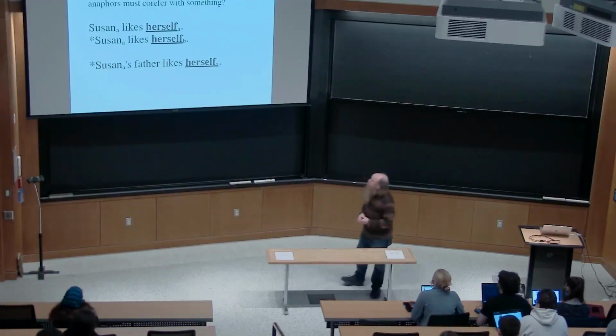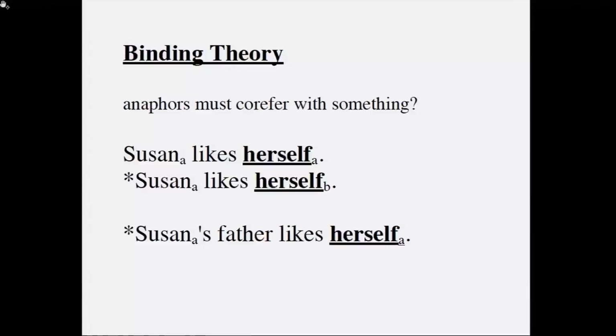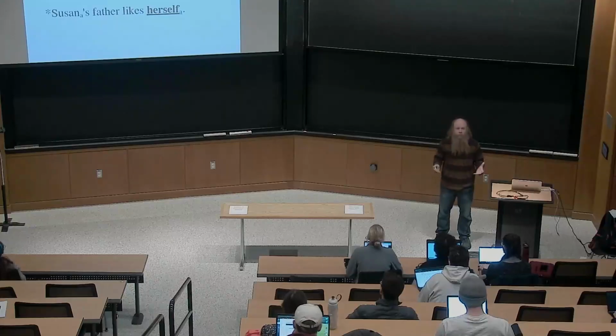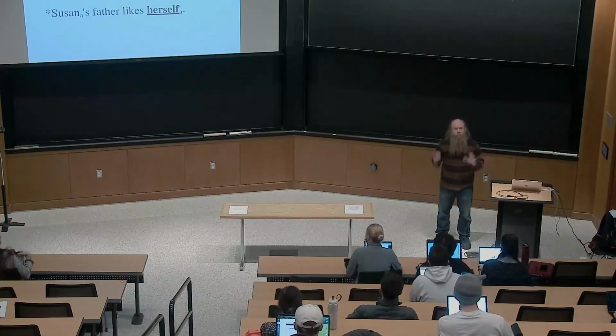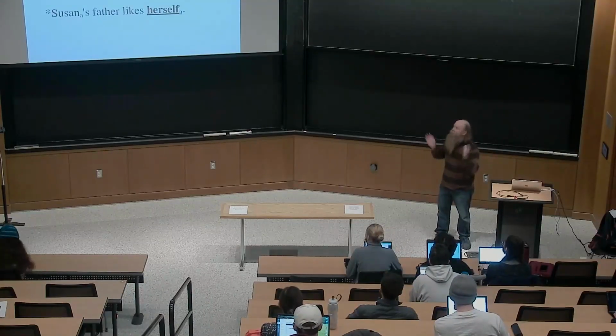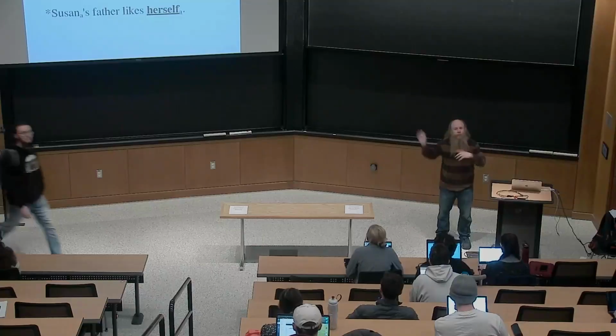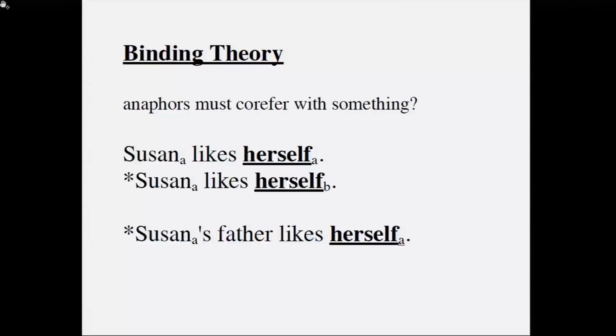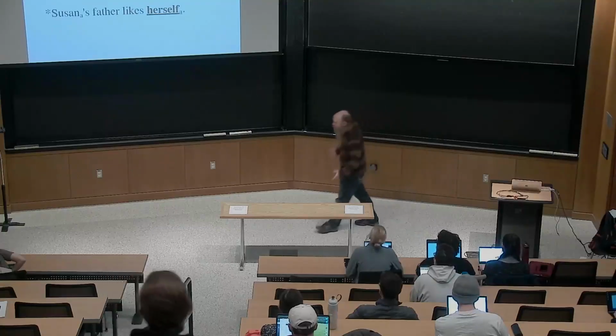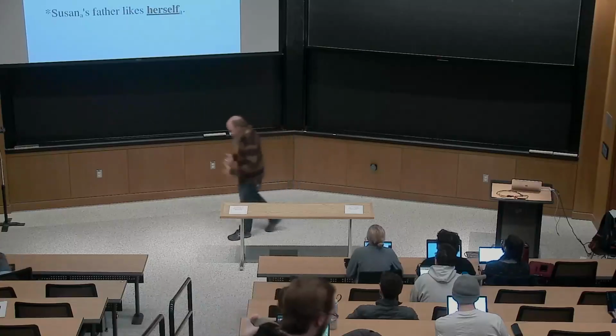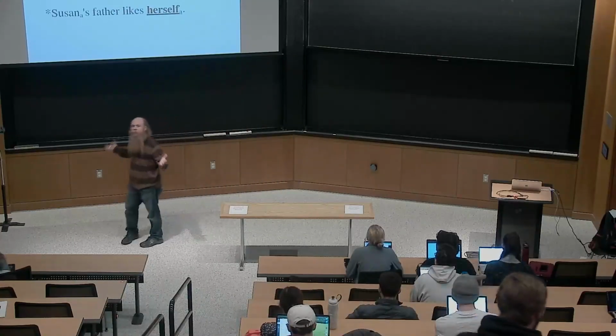So Susan likes herself is fine, but Susan's father likes herself, where herself is Susan, is no good. One hopes that Susan's father likes Susan, but this is not the way to say it. So herself can't refer back to Susan in a sentence like this, which knocks out some of the simplest, easiest theories you might have had from the first batch of sentences on the earlier slide.